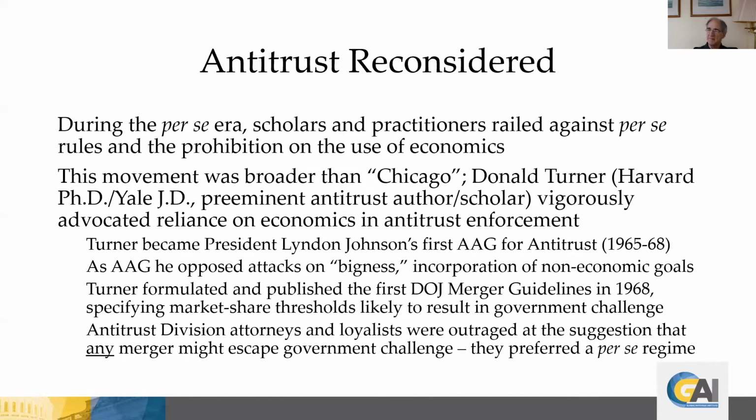Interesting fact, at the time, antitrust division attorneys were outraged that Turner's guidelines actually suggested that for mergers that did not meet the thresholds, the transaction might escape federal prosecution. They very much preferred a regime in which they could successfully challenge any merger that they thought was justified. So kind of an interesting way that perspectives change over the years.